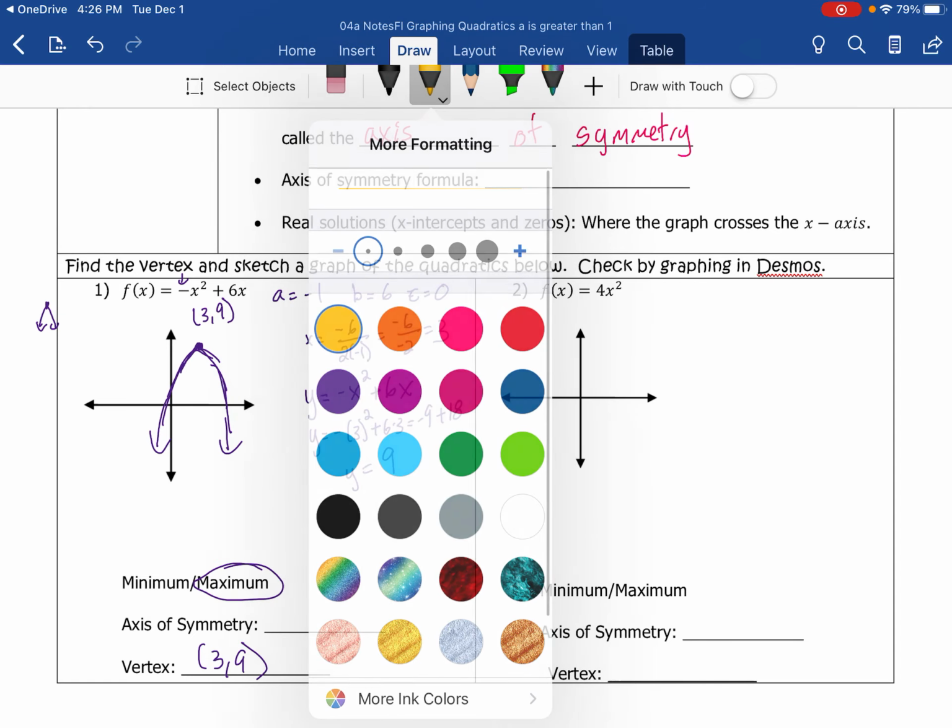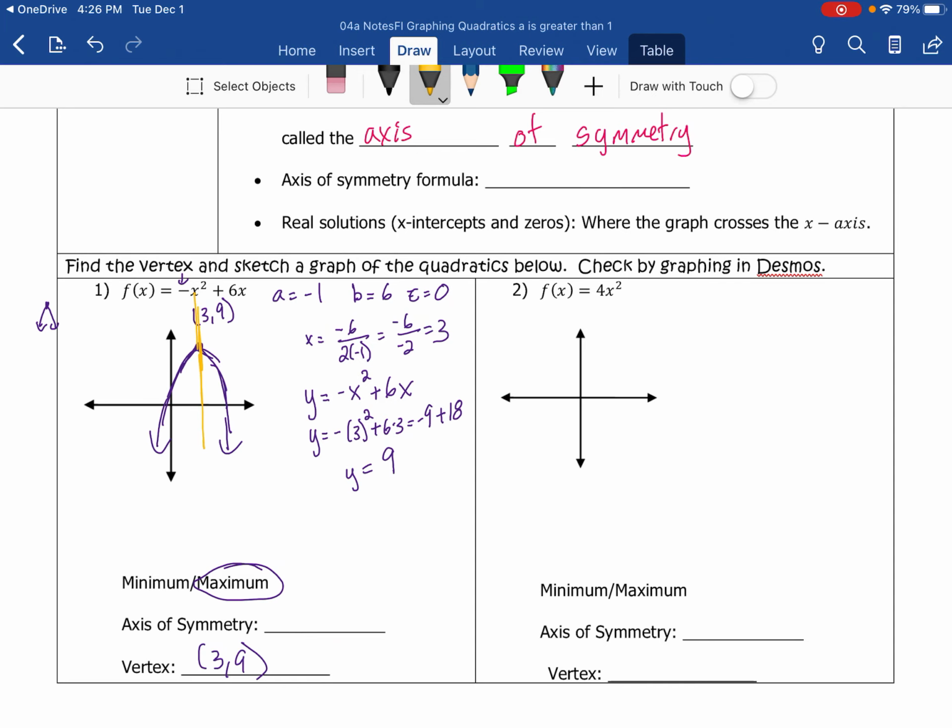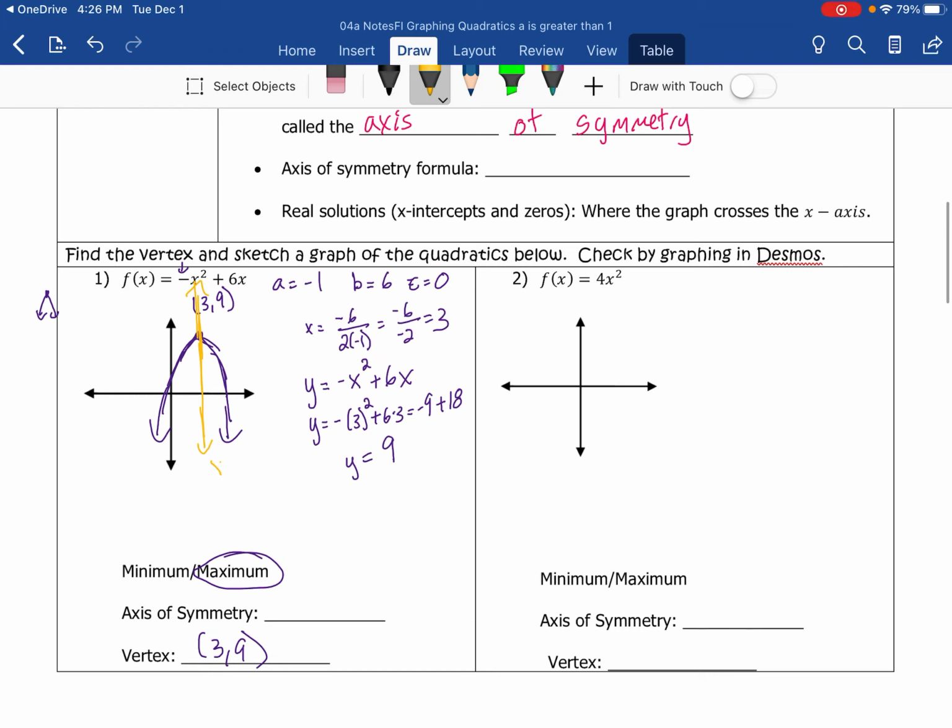Now my axis of symmetry, and this is just a little factoid that you need, would be this line right here. And the equation of this line is going to be x equals 3 because it goes through my x value of 3, and vertical lines are x equals a number. That's from algebra.